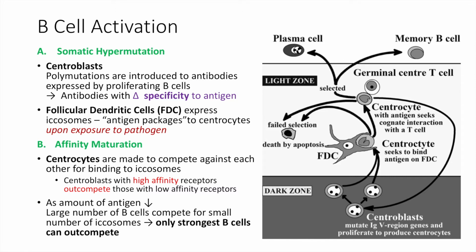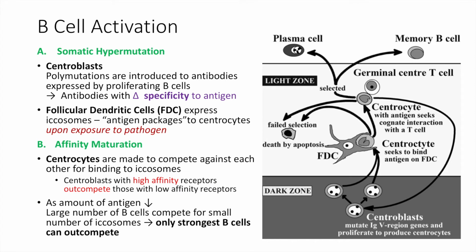Therefore, the competition between centrocytes allows for a situation where centrocytes with high affinity receptors to these iccosomes will outcompete those with low affinity receptors. Because there is only a limited number of antigen, as the number of antigens still available decreases, a large number of B cell centrocytes are competing for a very small number of iccosomes that are remaining.